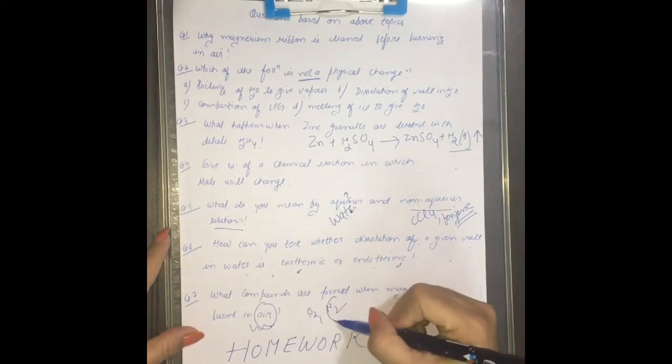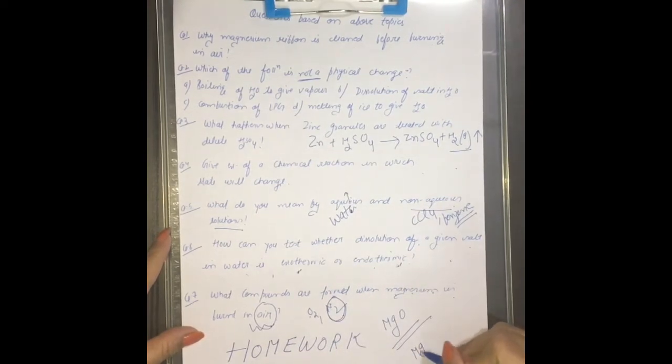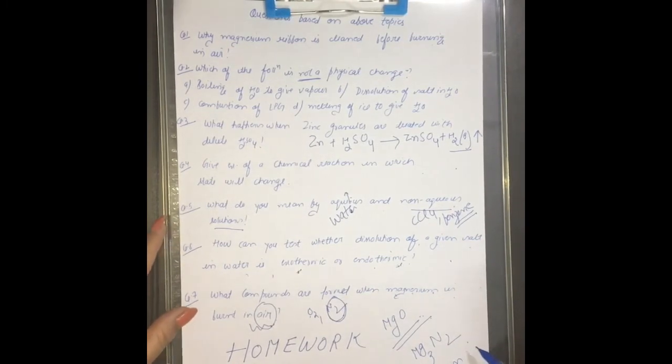Apart from that, when magnesium combines with nitrogen, you get Mg3N2, called magnesium nitride. So it was a very good question because you will get magnesium oxide as well as magnesium nitride when magnesium is burnt in the presence of air.